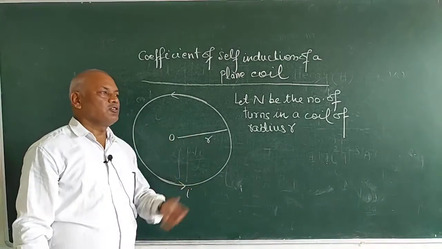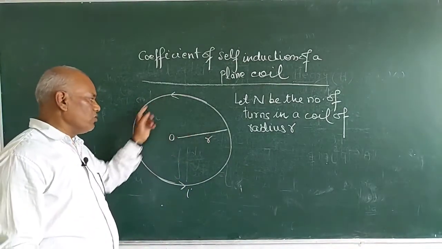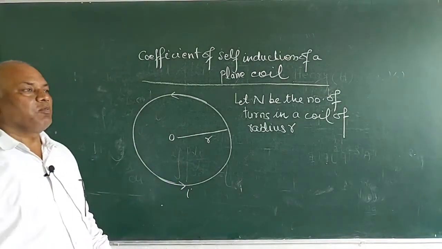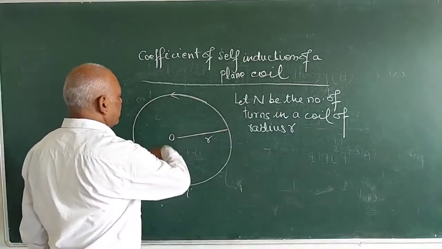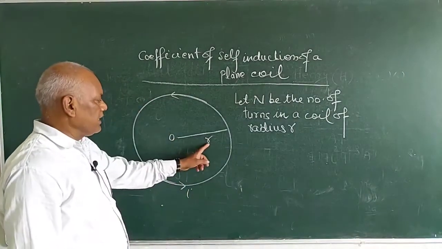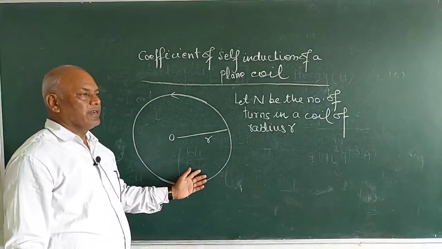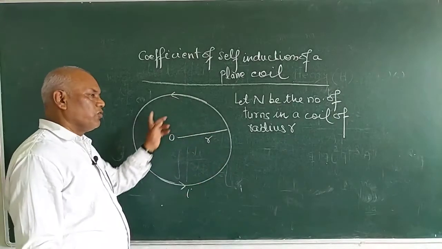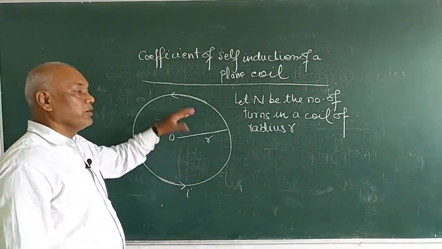And you are also familiar with the concept that this current carrying coil behaves as a magnetic dipole. So finally, this is a coil of radius r, with number of turns capital N. When I ampere current flows through this coil, then magnetic field is produced around it.